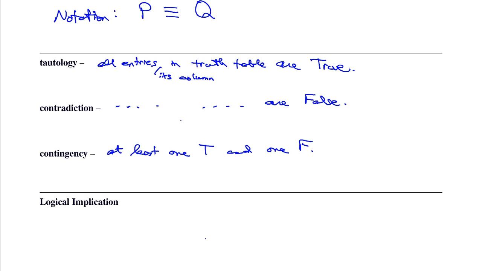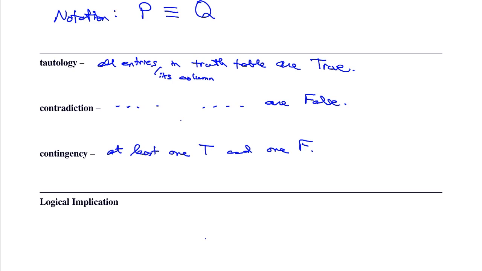P or not P. Yeah, that's what you need, not P. And then if we do or, P or not P, well, what does the not P do? It's going to provide me with one of the true statements where the other one would have been false. So I'm always guaranteed to have a true statement here. So P or not P, this would be true or false, which is true. This one would be false or true, which is true. We have a tautology.